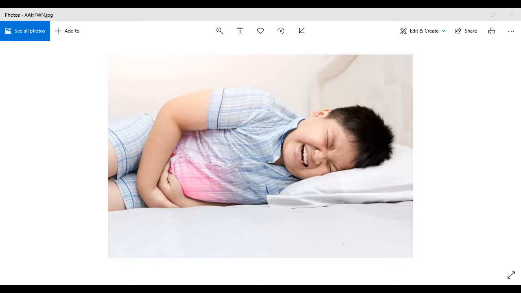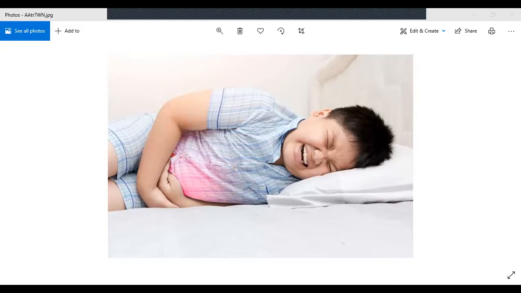Diarrhea is a very common thing that happens when we do not pay attention to cleanliness, right? A lot of hospital wards are filled with diarrhea patients, and the very basic reason behind that is people who do not care about their cleanliness get this disease, right? Not only this, there are a lot of other problems as well.